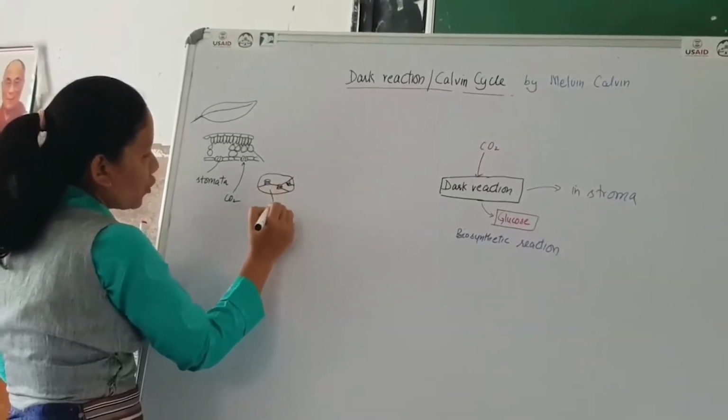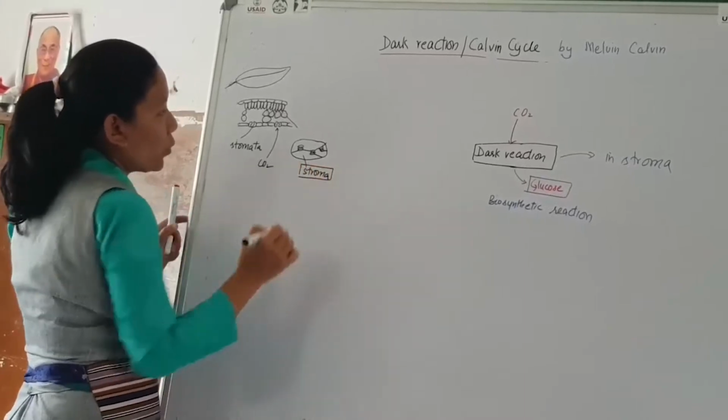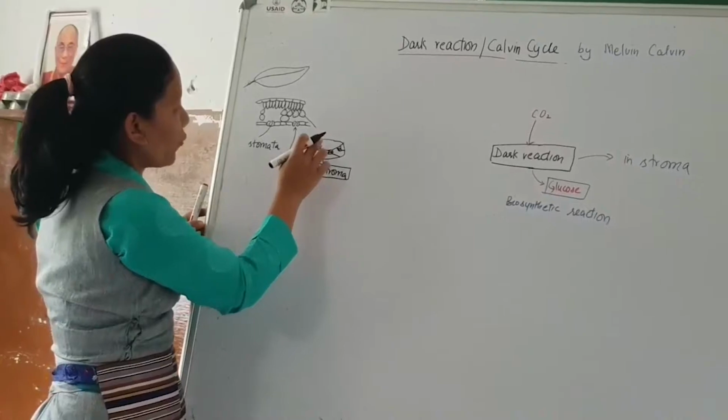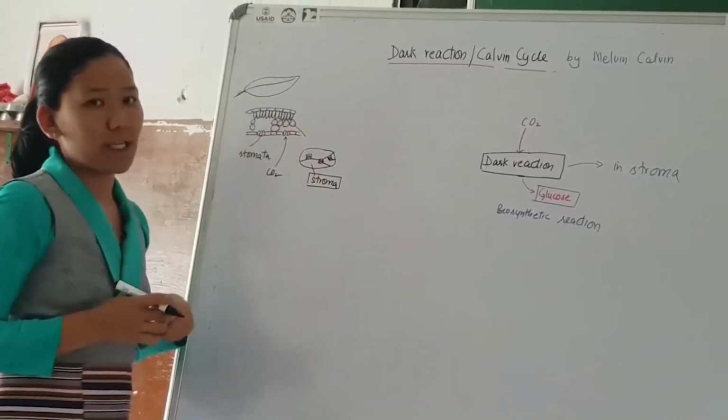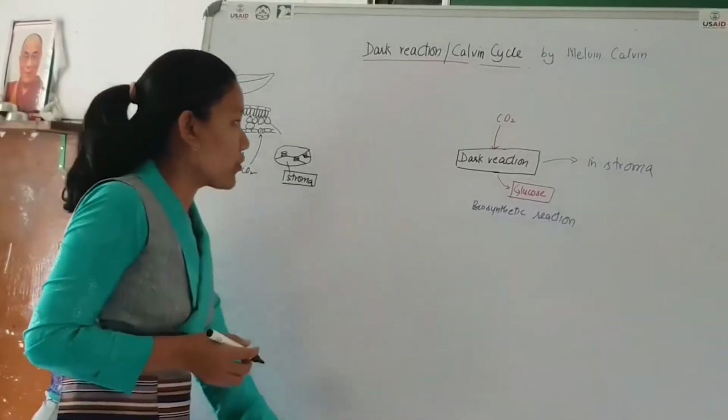Okay, so it is in the stroma where the dark reaction takes place. So, the stroma of a chloroplast of a mesophyll cell. This reaction takes place through three steps.